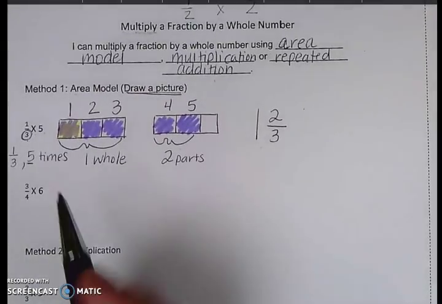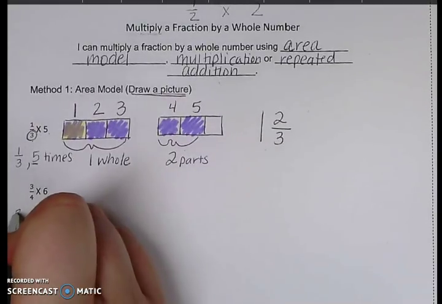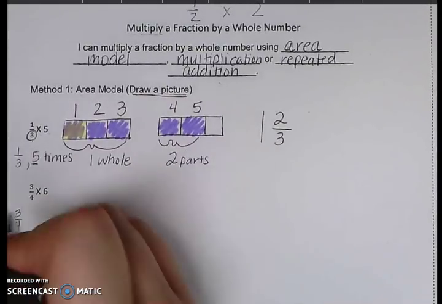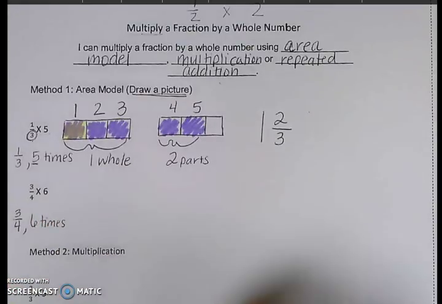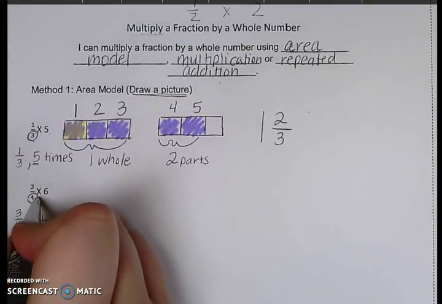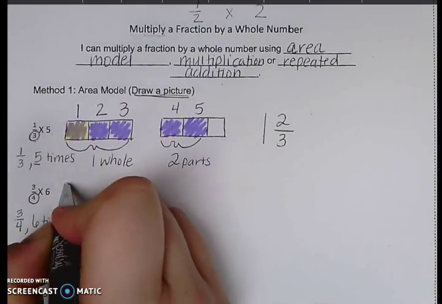So let's look at the second one, 3/4 times 6. So here's what I've got to think. I've got to color in 3/4 6 times. So I'm talking about fourths here. So now I want my pictures divided up into 4s.